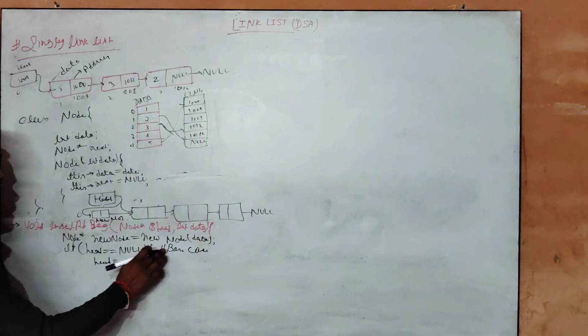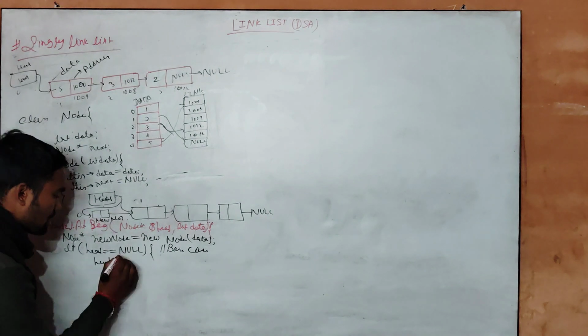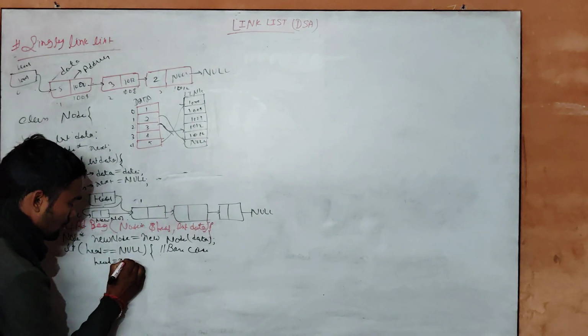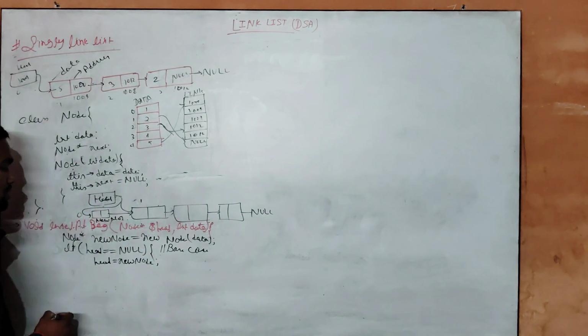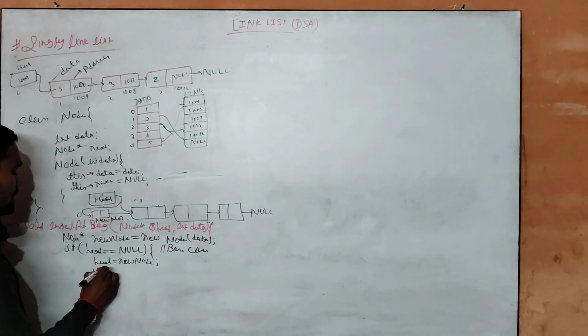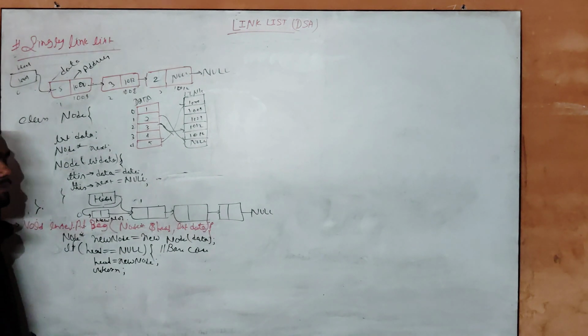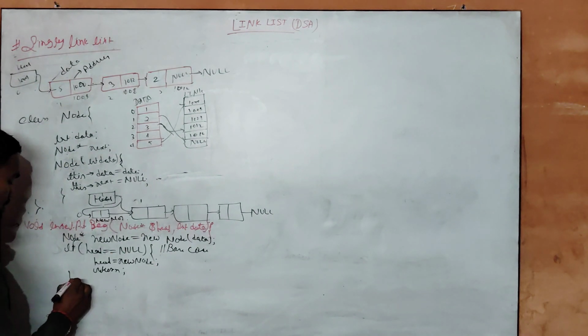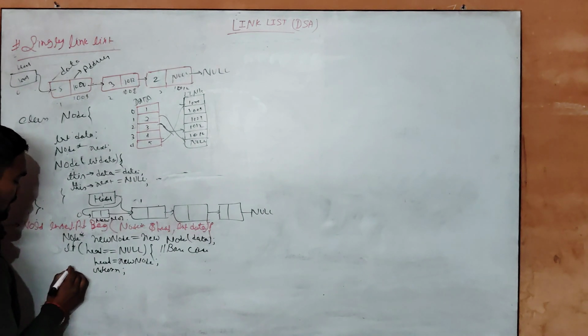Just comment line with double slash. Here I am writing head is equal to new node, and simply I return here.